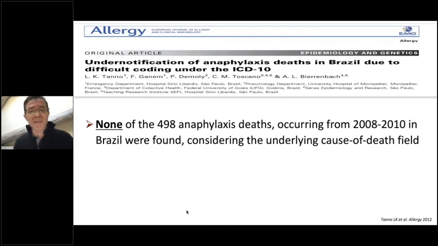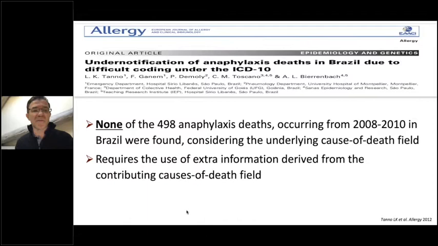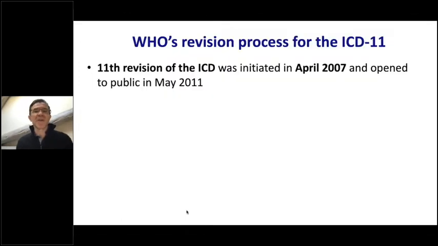In the Brazilian system, using the ICD-10, you could see that nobody dies from anaphylaxis, although almost 500 could have died from anaphylaxis. And how she did that: she used extra information derived from the contributing cause of death in order to get the final diagnosis.